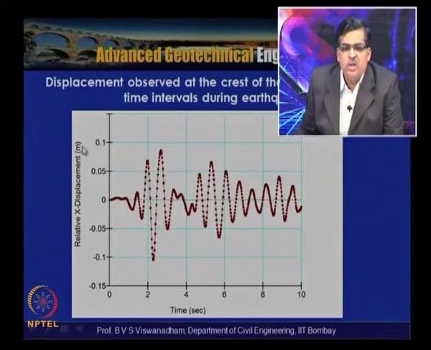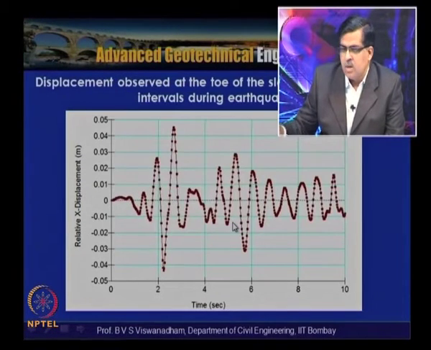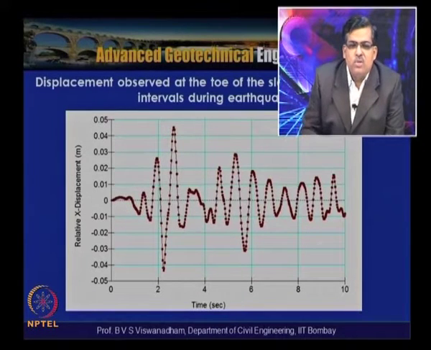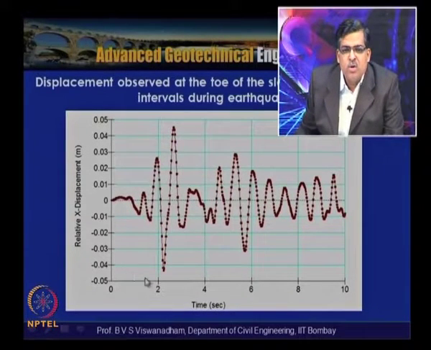The variation is reported like this, computed using the QuakeW module, and this is the displacement observed at the toe of the slope at selected time intervals during the earthquake, wherein the toe movement is about minus 0.04 meters to plus 0.04 meters, which is reported as the maximum here.